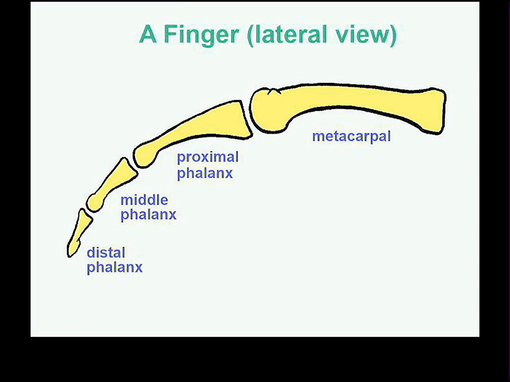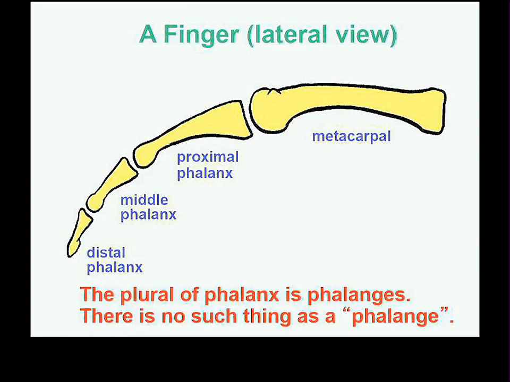Now, here are the names of the bones of a finger: metacarpal, proximal phalanx, middle phalanx, distal phalanx. The plural of phalanx is phalanges. There is no such thing as a phalange. Anybody who says phalange spends a long period of time in hell. So, we will not use that word.